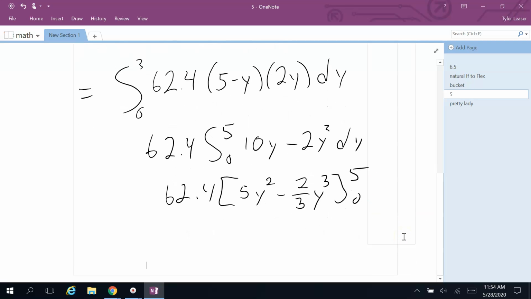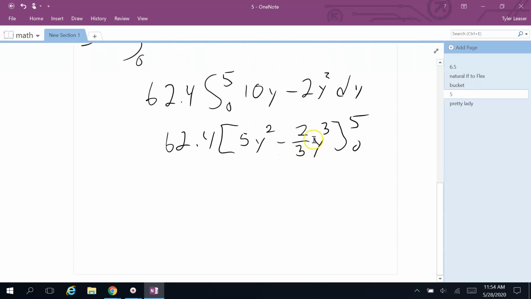So we're going to plug the 5 into that. And we don't need to worry about plugging the 0 into that. So we still have the 62.4 out in front. Plugging 5 into this one is going to be 125. Minus, I need a calculator for this next one. Minus, plugging 5 into this one, we get 250 thirds.